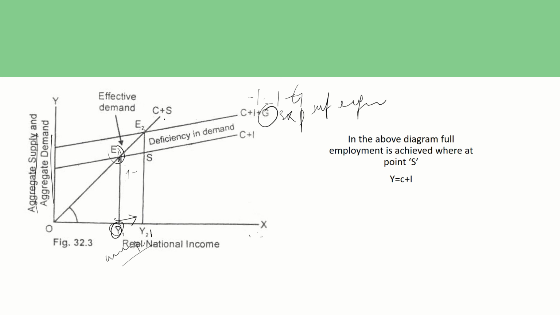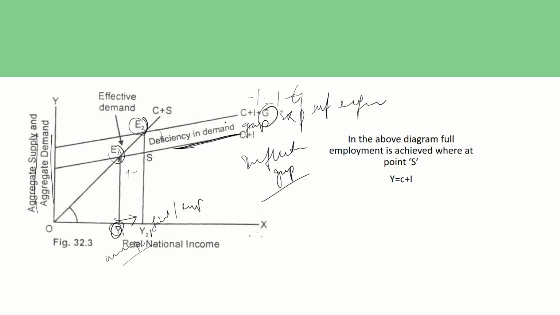So that is the effective demand. E2 is where full employment can be achieved. Between E2 and S there is a deficiency in demand. That gap is called an inflationary gap. That means aggregate demand is increasing, which leads to an increase in the price level.